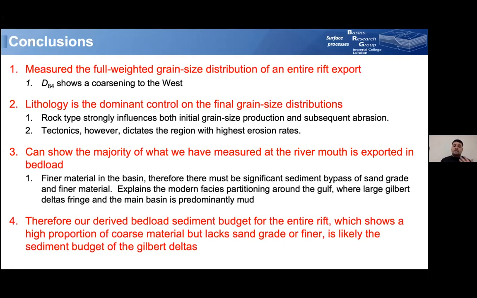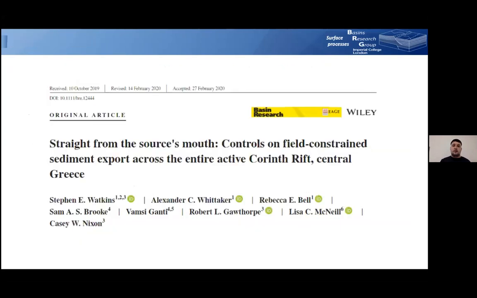And finally, the derived bed load sediment budget for the entire rift, which shows a high proportion of coarse material but lacks sand grade or finer, is likely the sediment budget for these Gilbert deltas. So this is all in my paper in Basin Research with the same title.